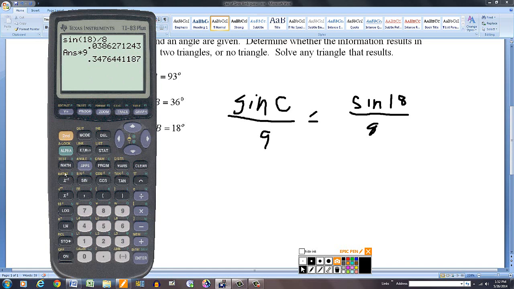I hit second, sine inverse, and the answer, hit enter, and I get 20.34 to two places. So I would simply write out angle C to two places is 20.34 degrees.